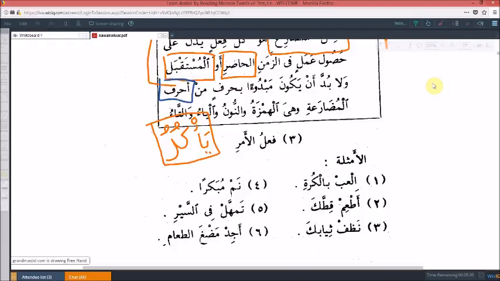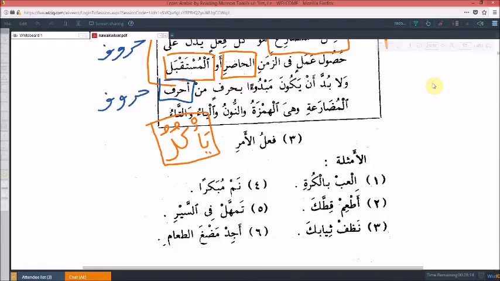Both of them are the plural of harf. Here he says ahraf, in Ajrumiya it says huruf. No problem, this or that.